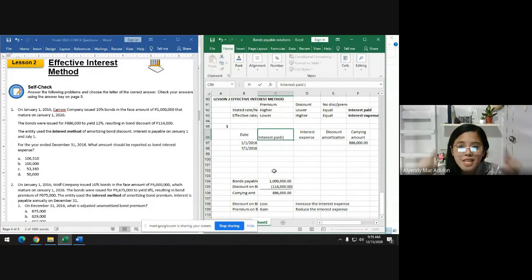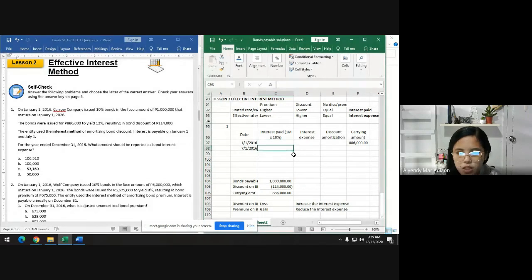What is on the bond certificate? The face value and the stated interest. So for interest paid, we use the face value of 1 million times the 10% stated rate.